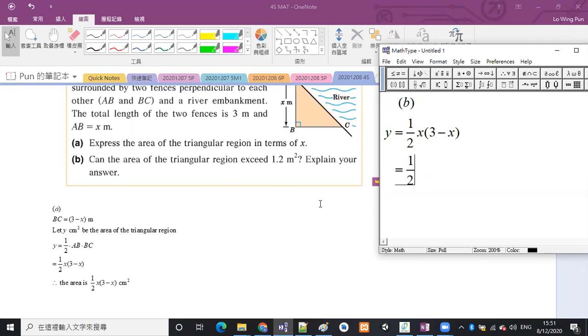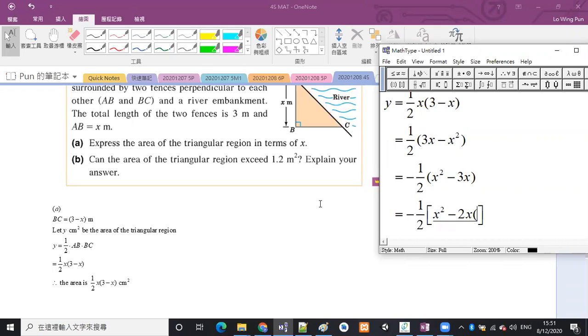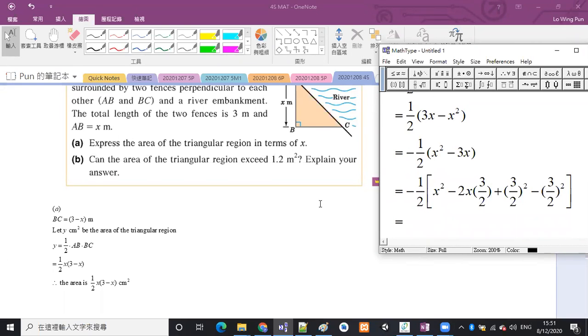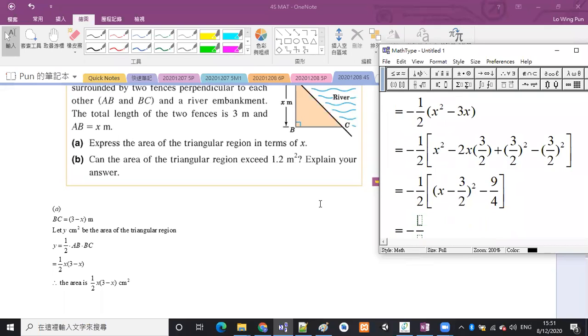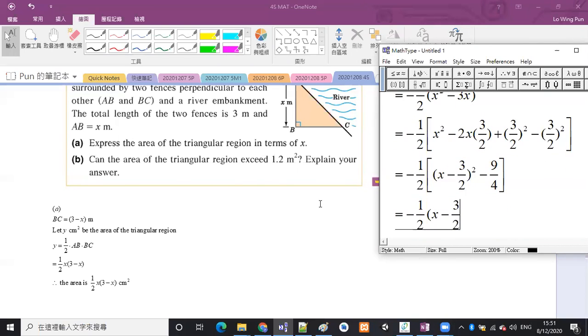Okay, and then this negative 1/2 times x squared minus 3x like this, and then negative 1/2. We are going to use the method of completing square again. 2x 3/2. Okay, and then plus 3/2 square minus 3/2 square, like this, and then negative 1 over 2 x minus 3 over 2 square minus 9 over 4, and then it is like this, 9 over 8, right?